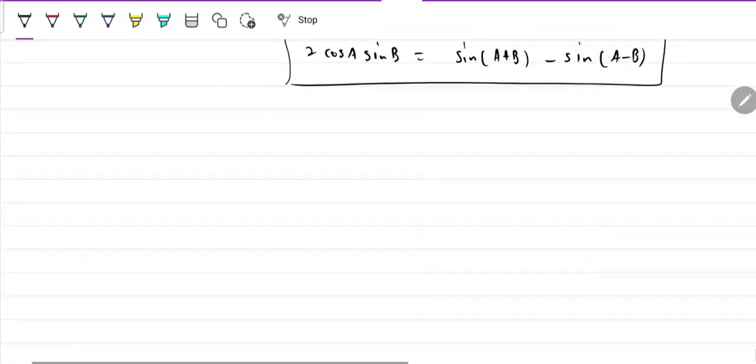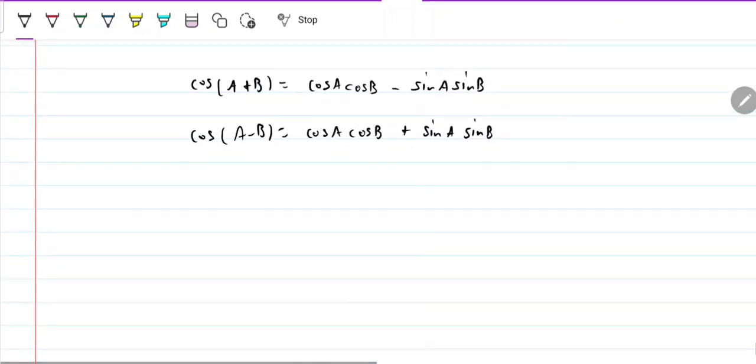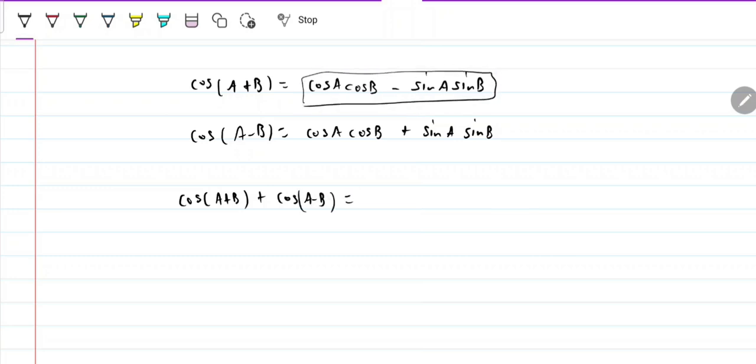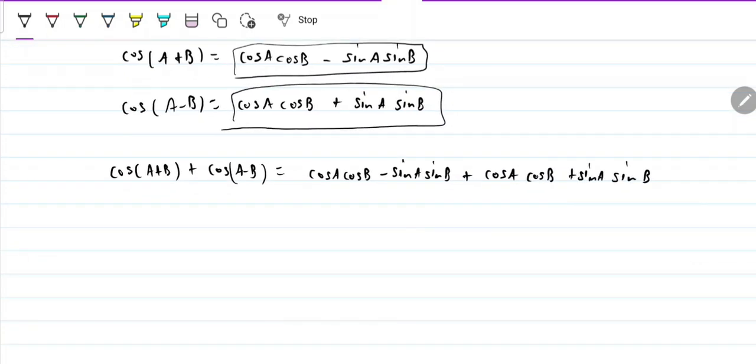Now, what about cos now? Right? So if I add these two together, if I add cos A plus B and cos A minus B, I'll be effectively adding this up here to this down here. Right?